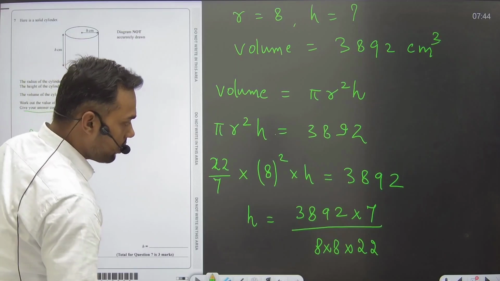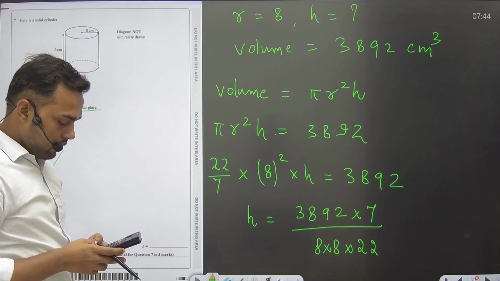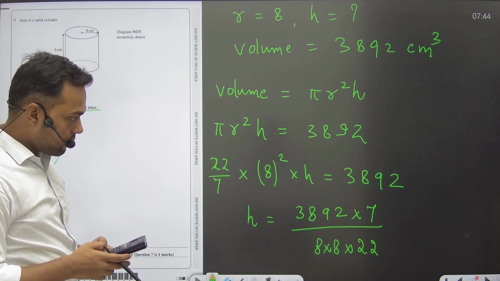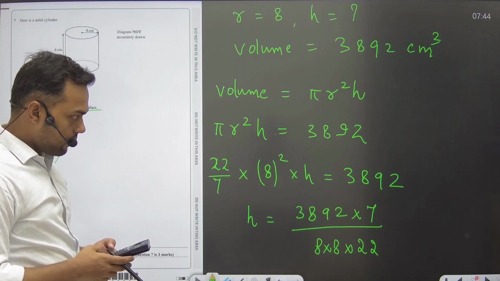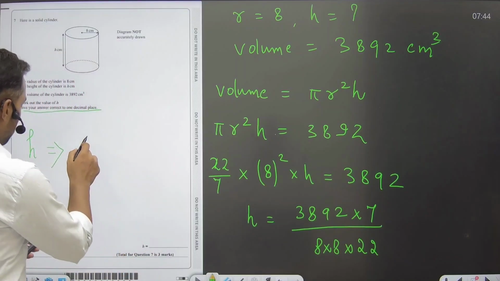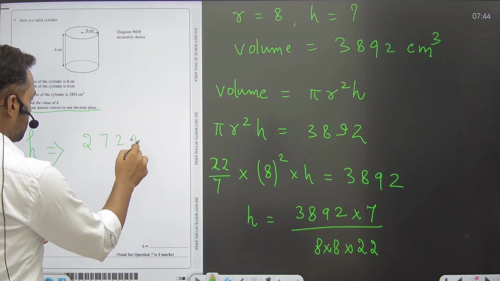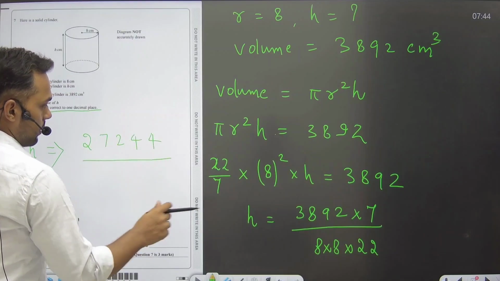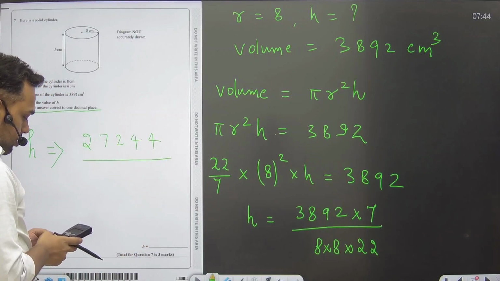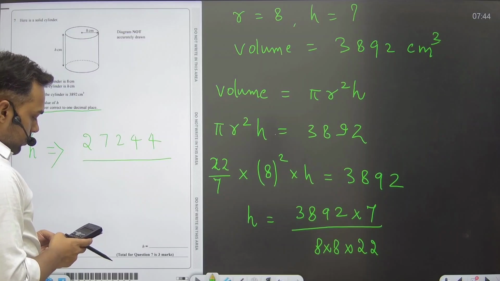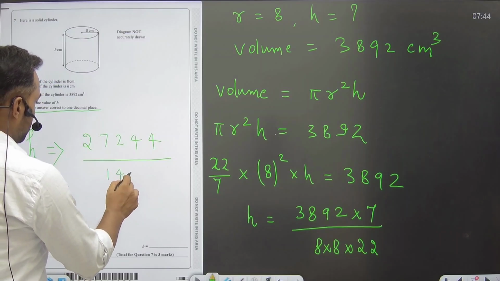Just take your calculator and solve it. 3892 cross 7 will be 27244 upon the denominator, 8 cross 8 cross 22, that is 1408.